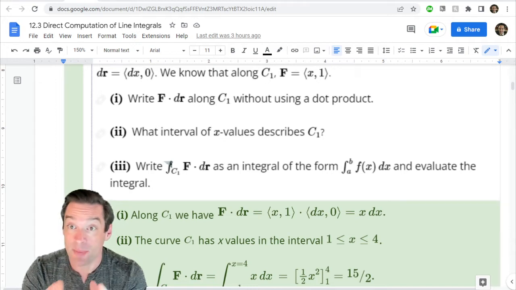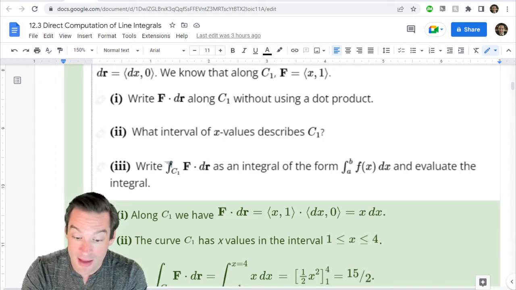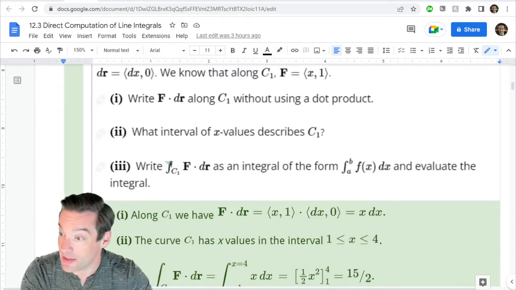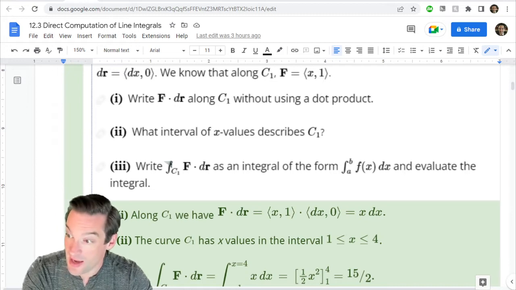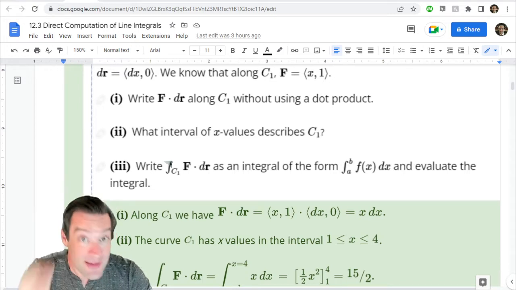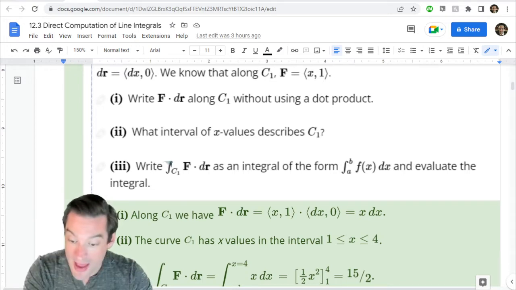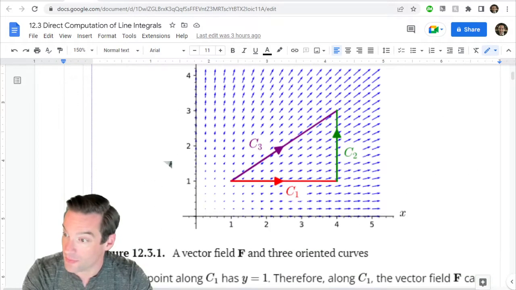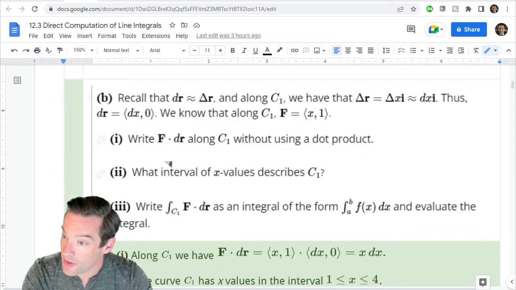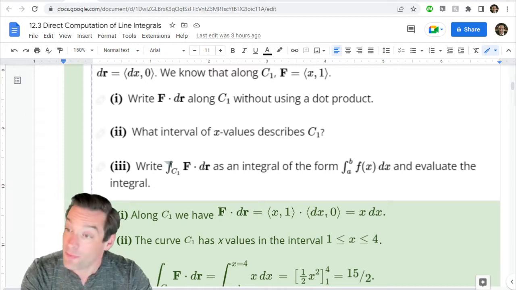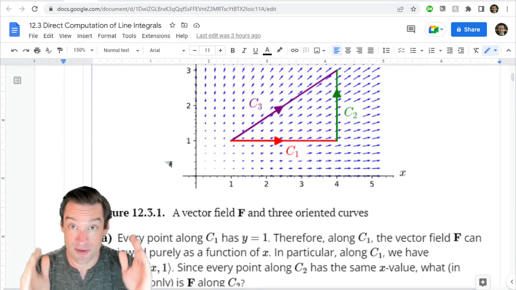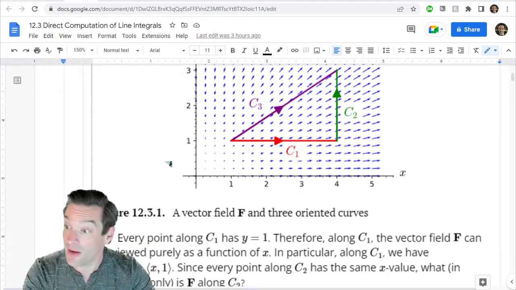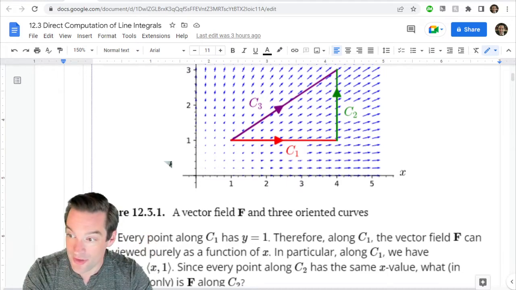When I take the dot product of the vector field with that element of tangent vector, I get x, 1 dotted with dx, 0, which gives me just x times dx. And so the value of the path integral along that side of my triangular path is just the integral of x dx, where x ranges from 1 to 4, because that describes the left and right extent of the x values along the path C1.